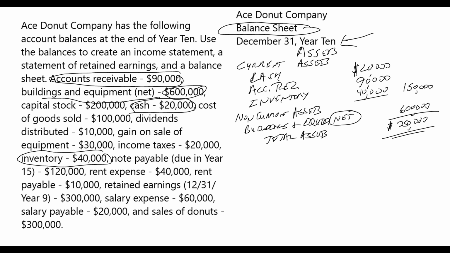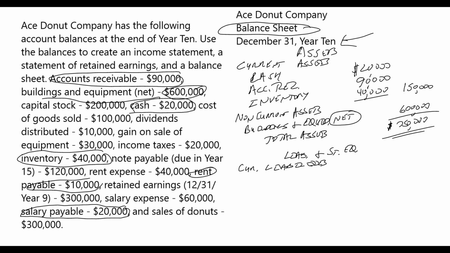The assets being the things of probable future economic benefit. Next, let's report our liabilities and the stockholders' equity section. We'll do current liabilities first. Current liabilities are debts that you're likely to pay within 1 year. I've got two things that look like they're probably current liabilities. You have a salary payable, you owe your employees $20,000, and there's also a rent payable, you owe the rent of $10,000.